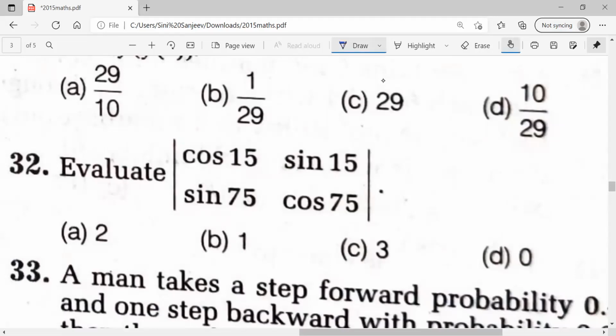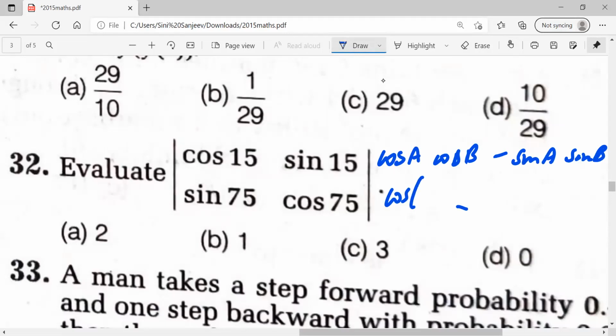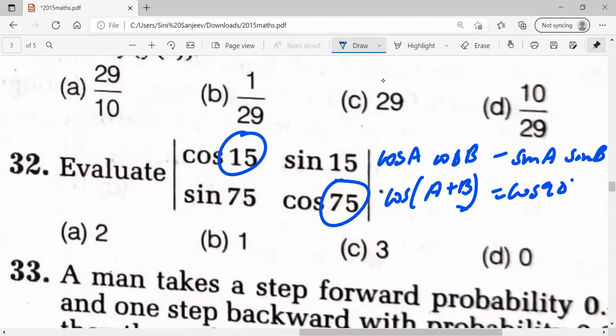See, this is basically cos A cos B minus sin A sin B. In the sense, what is the answer of this? Cos of A plus B. So 15 plus 75, that is cos 90. 0. That's it. Cos 90 value is 0.